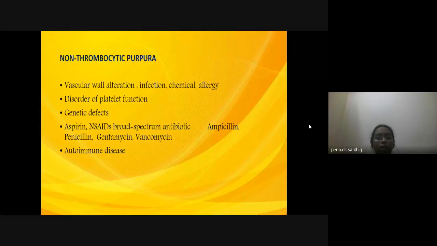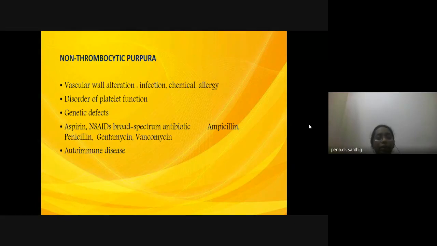Non-thrombocytopenic purpura is not especially a platelet decrease, but is related to vascular wall alteration, infections, chemical allergies, and disorders of platelet function. Platelets are present, but their function is not proper.